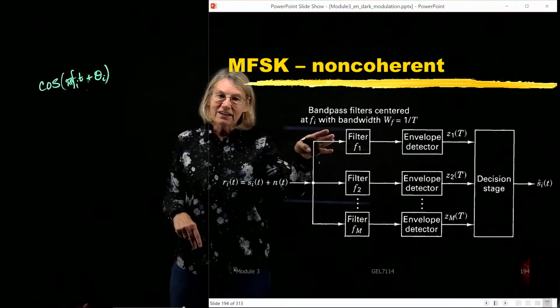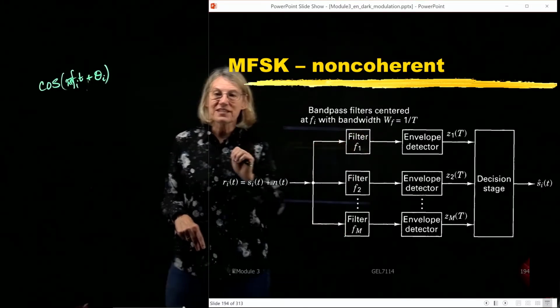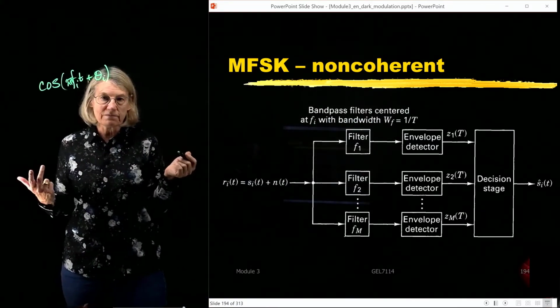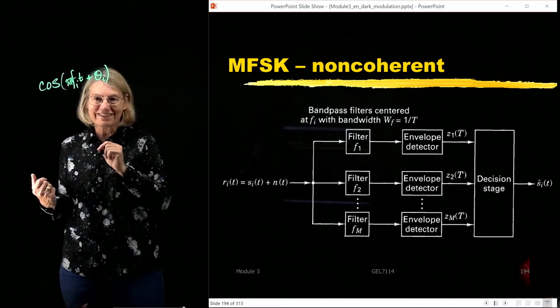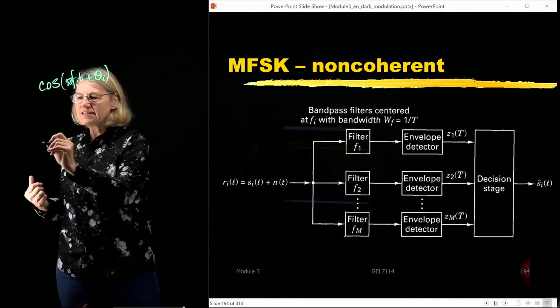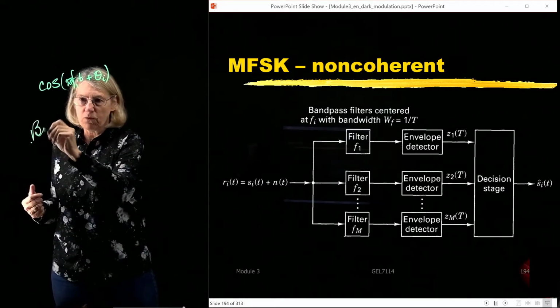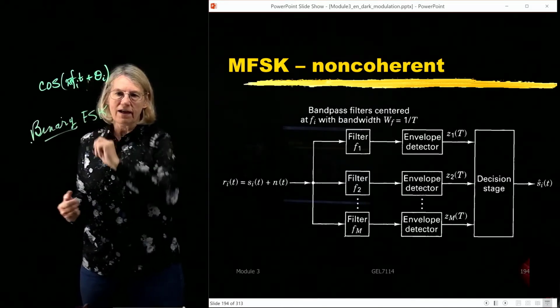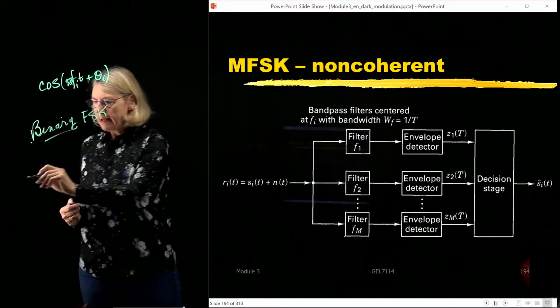So I take this, and the next thing I do is an envelope detector. Now remember what frequency shift keying does, let's take the binary case, the simple one. Suppose I have just two symbols.